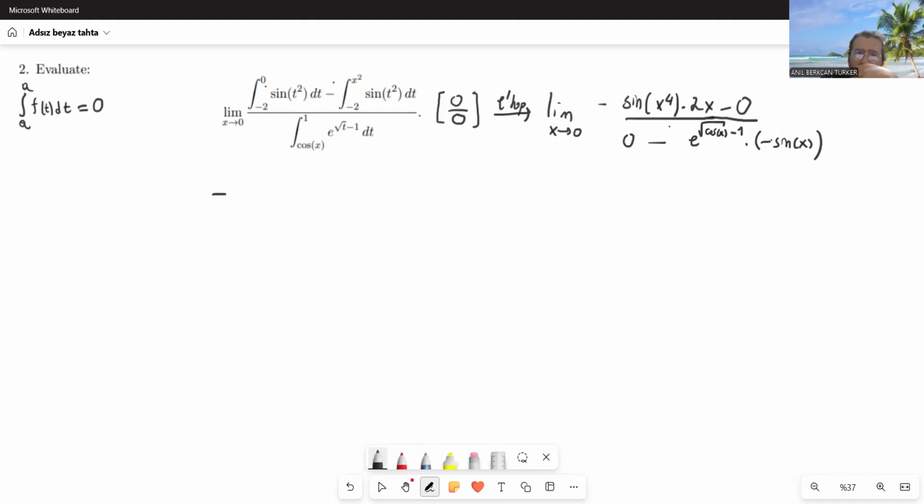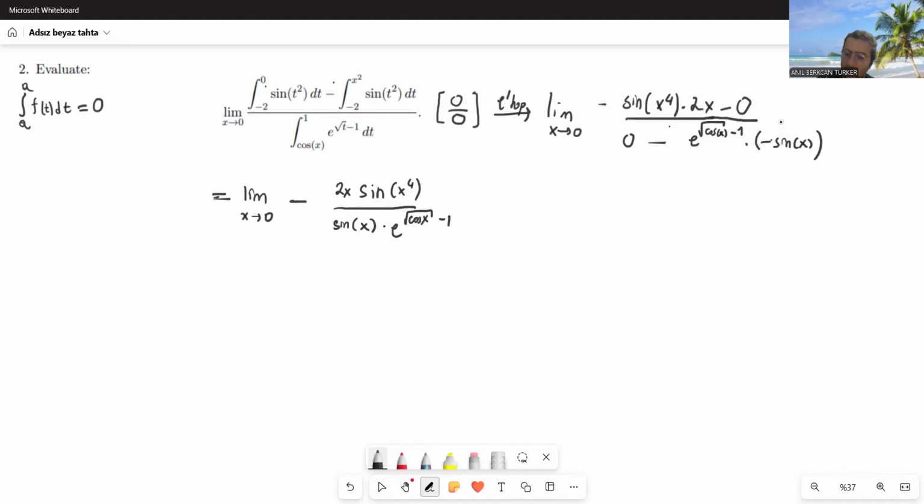When you simplify, it is the limit when x goes to 0. We have a lot of minus signs, one here and two here, so it is minus sine of 2x sine x to the power 4 over e to the, okay, sine x dot e to the power square root of cosine x minus 1.